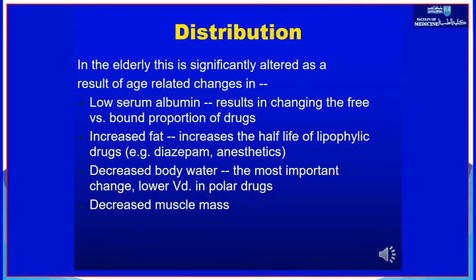Low serum albumin will result in changing of the free versus the bound proportion of drugs. The increased fat will increase the half-life of lipophilic drugs such as diazepam and anesthetics. The decreased body water, and that probably is the most important change, will lead to lower volume of distribution of polar drugs. And the decreased muscle mass is also important.